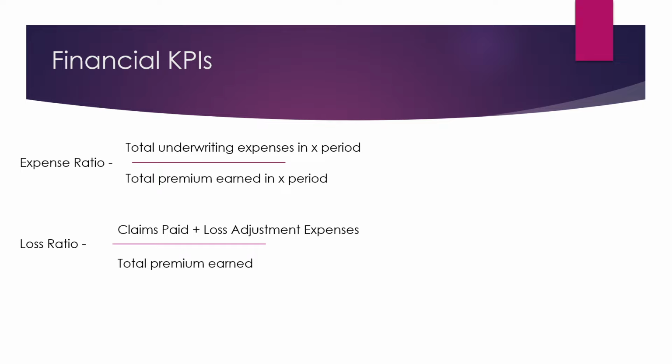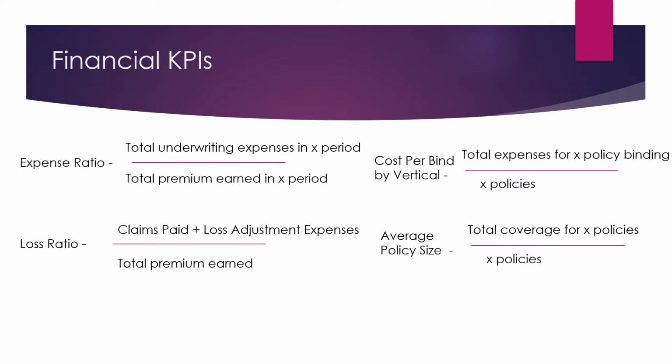Simple. Now, you must be thinking that in the top ratio we are talking about underwriting, and in the ratio below we are talking about claims paid plus additional expenses. These are my total cost as an insurance company in the entire process. If I add these, I come to the combined ratio. The combined ratio is expense ratio plus loss ratio.